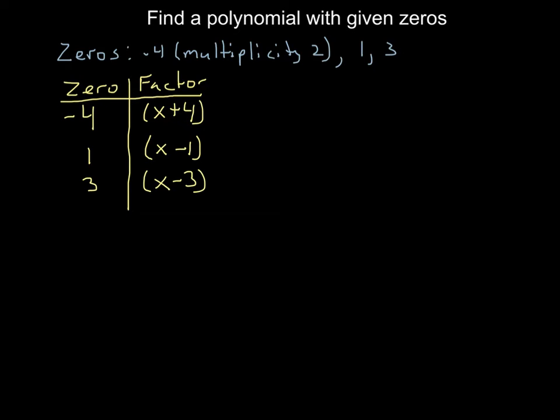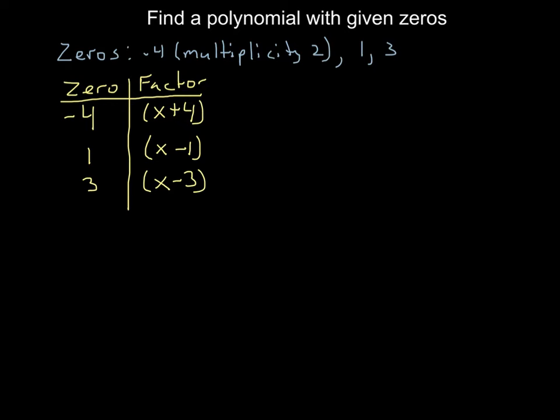Now, in this case too, on this problem, we know that -4 is a 0 and it has a multiplicity of 2. That means it occurs twice. And so remember what we said is that if you know a number is a 0, then x minus that number is a factor. Well, in this case, I know -4 is a 0, so x minus -4, x plus 4 would be a factor.